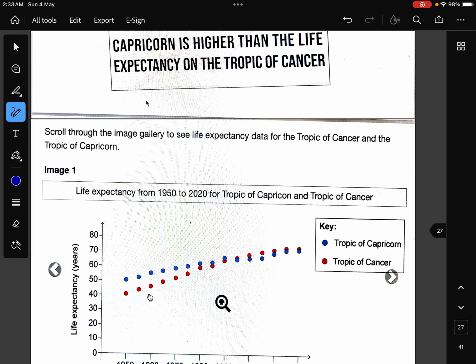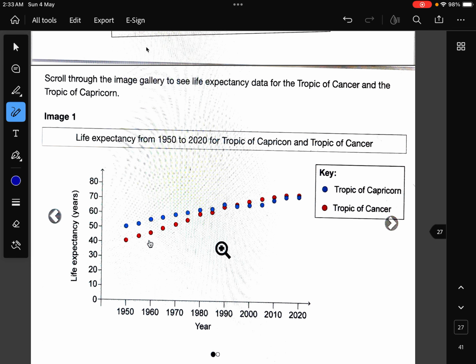So there is a graph here that shows you the life expectancy for both the Tropic of Capricorn and the Tropic of Cancer, and you could obviously see the trends of the life expectancy for these 2 tropics, and it's quite evident that the Tropic of Capricorn has a higher life expectancy commencing from 1950 that probably goes all the way up to about 1990, and maybe after 1990 onwards, that's where the life expectancy starts to be lower than the Tropic of Cancer.